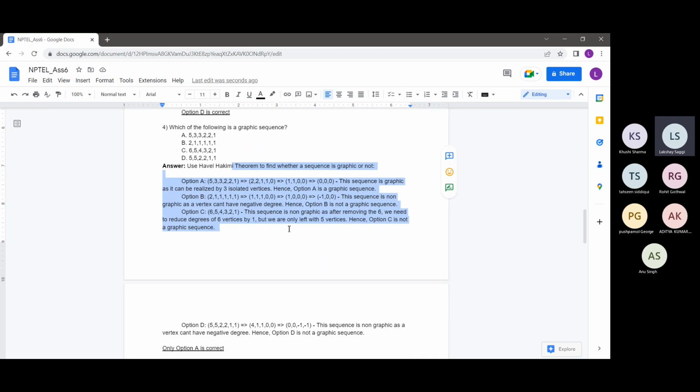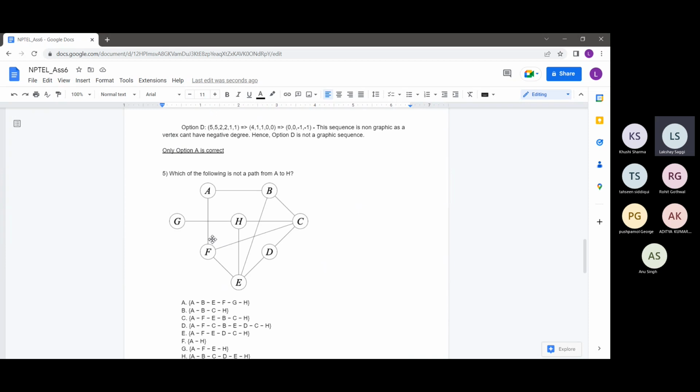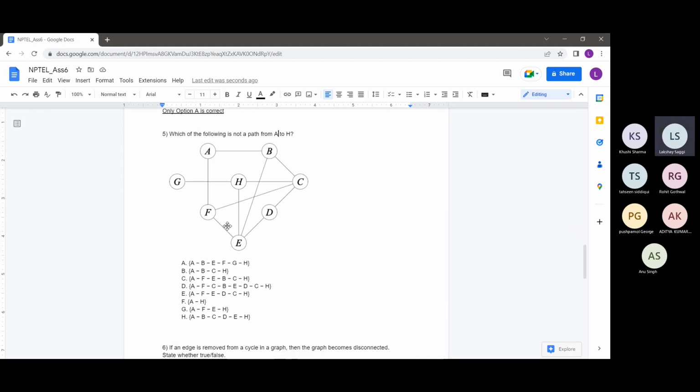That's the main step where many people will falter. Otherwise, basic subtraction can be done by everyone. So I don't think it's too difficult to do this, but just take care of the ordering of the non-increasing order. Yeah. So now let's see the fifth question. Again, fifth question is, as far as I remember, very straightforward.